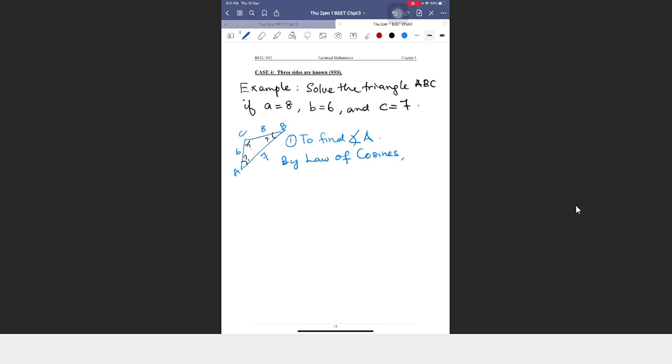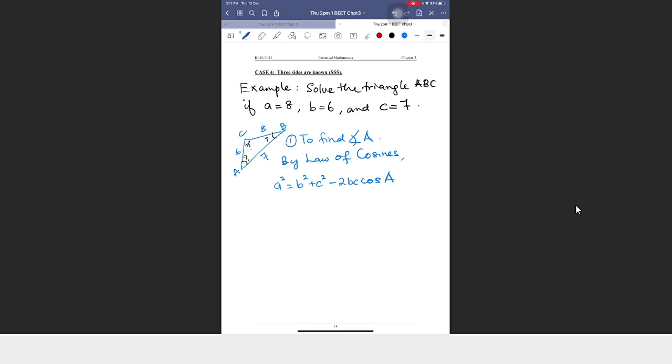But in this case, none of the angles is known, so the first angle that I need to find, I must use law of cosine. So if I want to find angle A, the law of cosine that I want is the one which has cosine A. That is A squared equals B squared plus C squared minus 2BC cosine A. This is the one.